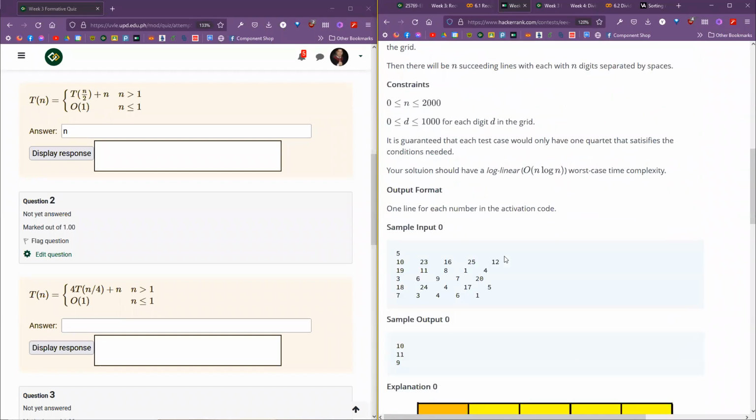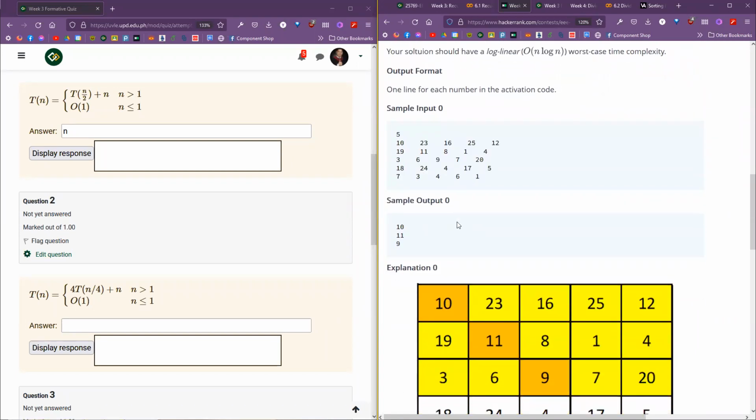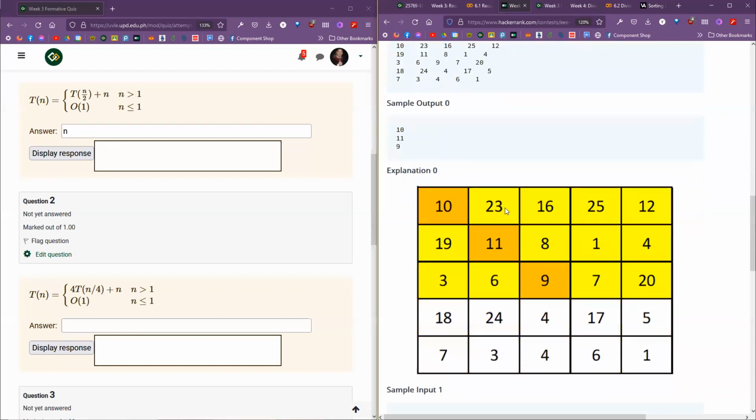So for example, sample input natin 1 is ayun, 5 rows, 10, 23, 16, 25, 12, etc. So yung consecutive rows na maximum yung difference ng even numbered sa odd numbered. So pag kinuha mo yung sum nito plus yung sum nito and then minus yung sum dito, yung difference ay maximum.